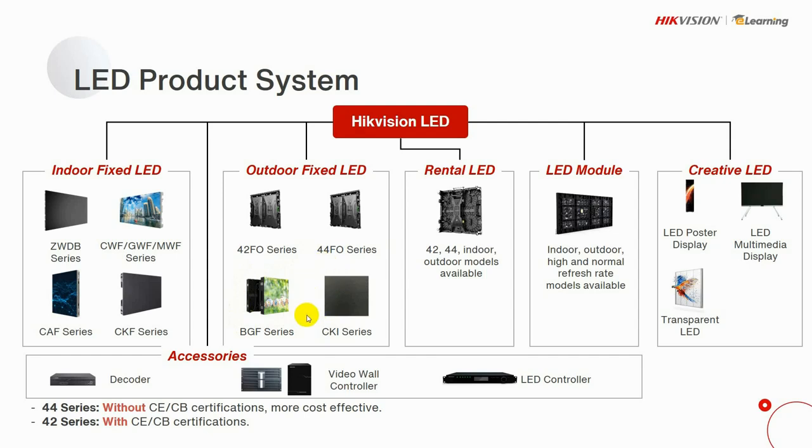And at last, CKI series, which is also an SMD product, is an economical product. We also have rental series and LED modules individually. And we have other types of LED like LED poster display, LED multimedia display, or transparent LED. And there are some accessories like decoder, video controller, or LED controller.